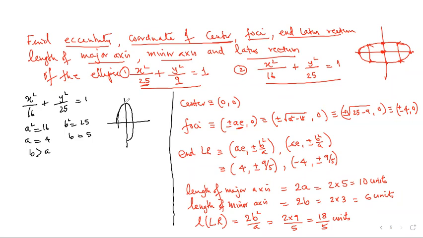This will be the format of the ellipse. So the eccentricity formula will change now. The root of B square minus A square upon B, root of 25 minus 16 upon 5. So 3 by 5. Correct.